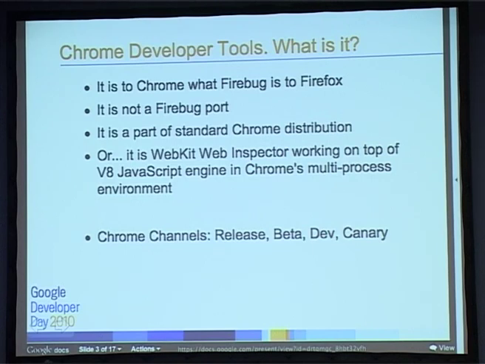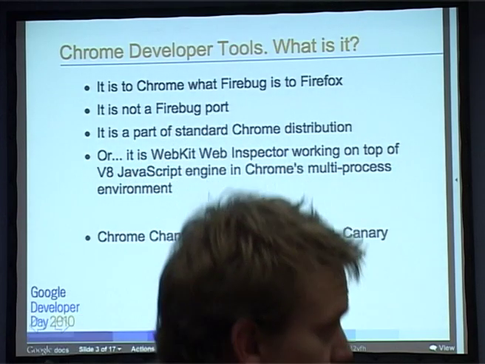The last one is the least stable one, and at the same time it will contain all the latest changes to the product, and in particular to developer tools. I encourage you to use either the development channel or the canary channel if you want to give developer tools a try, because it's changing very fast.